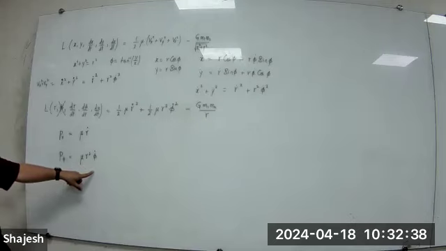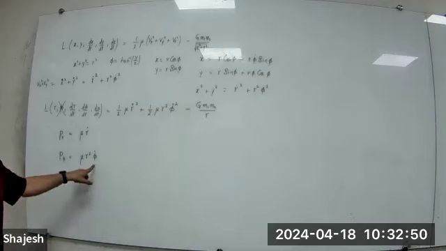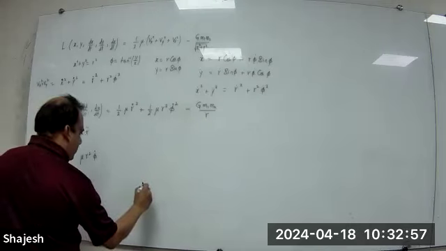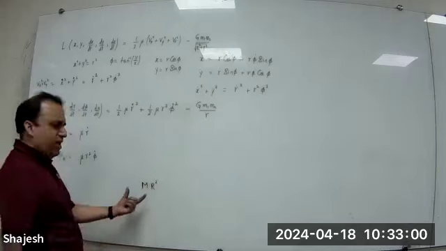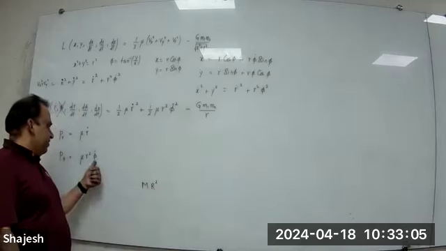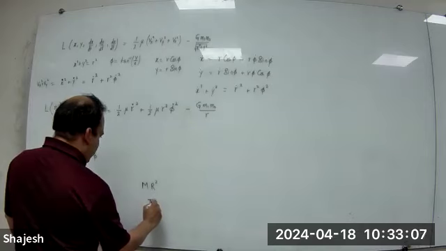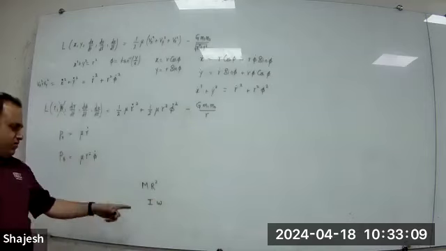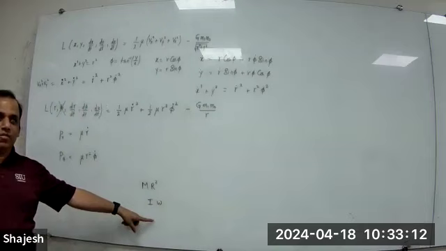Alpha? Acceleration? No, acceleration will have two times, right? There's only one time. mr squared, what has those dimensions? What is mr squared at the introductory level? Moment of inertia. This is omega, so moment of inertia times omega, angular momentum, right?